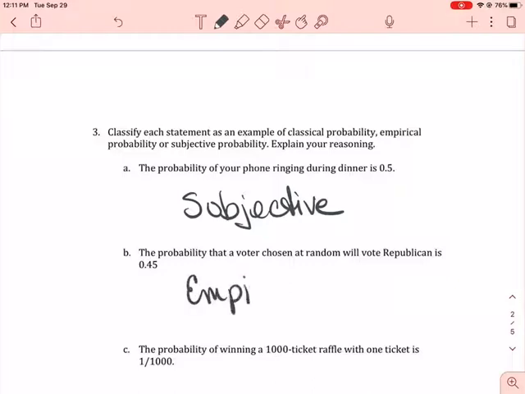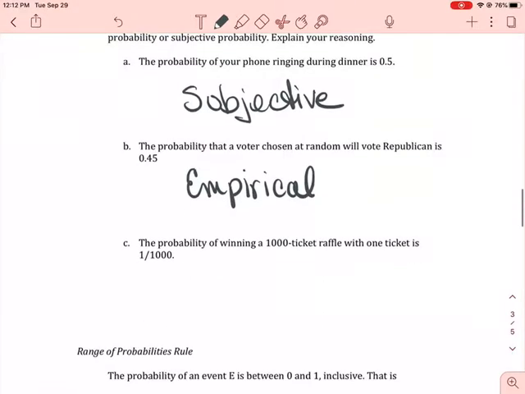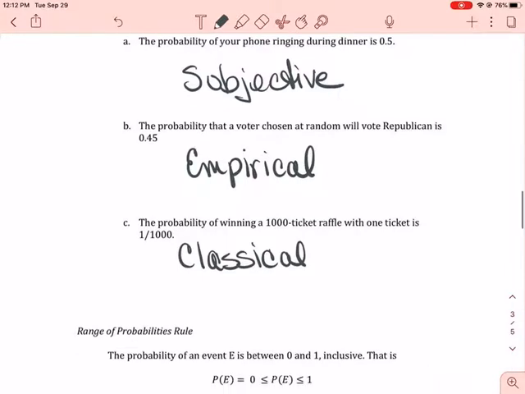So this is empirical. Okay. And the probability of winning a 1,000-ticket raffle with one ticket being 1 out of 1,000, this is theoretical or classical because we can write a sample space. We would have 999 no's and 1 yes.